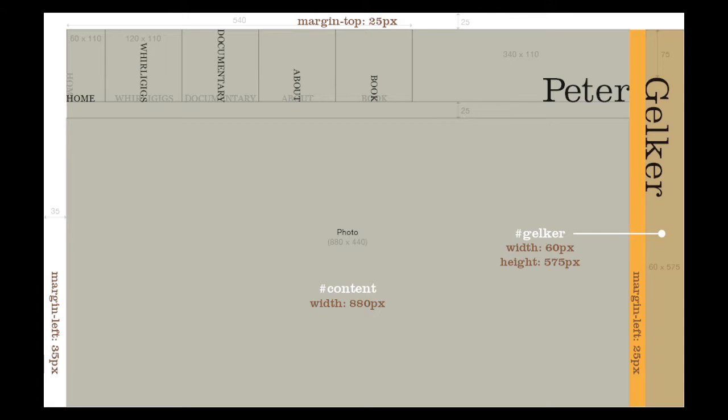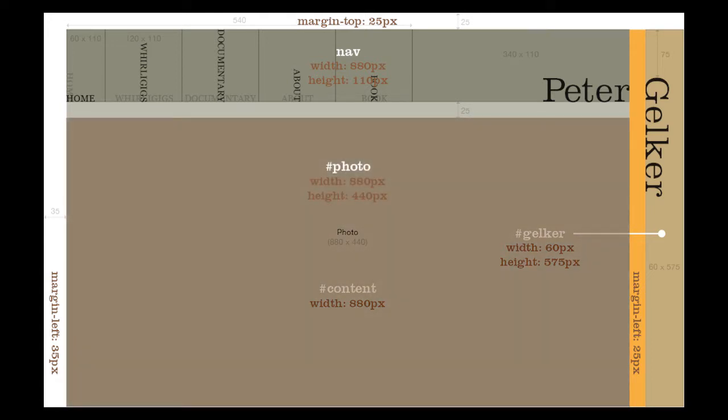Okay, so what are we going to add next? Well, inside of this content box is going to be another box called nav. And then underneath that nav box is going to be another one called photo. So the nav element and the photo div ID are both inside of the content box.